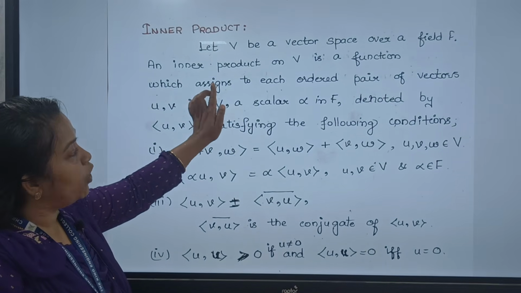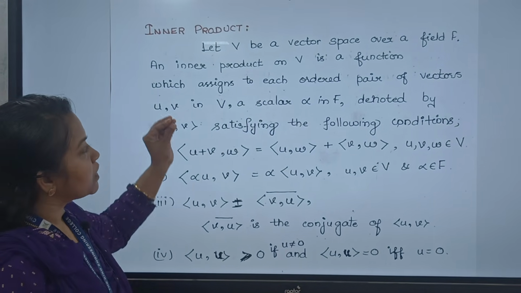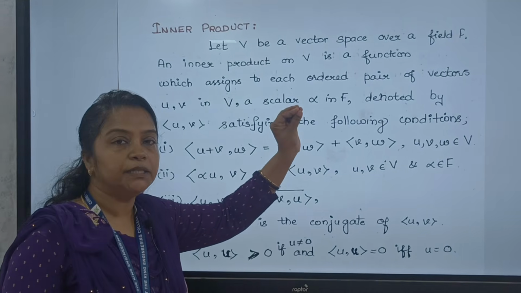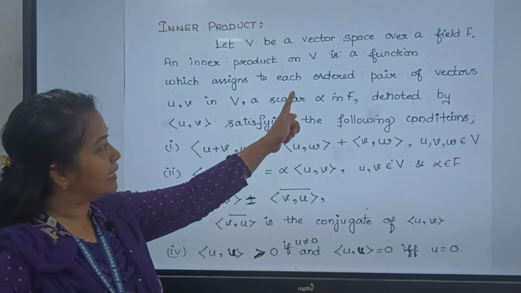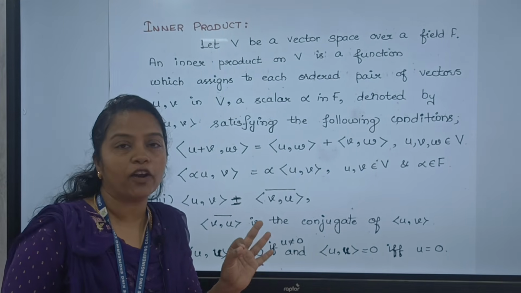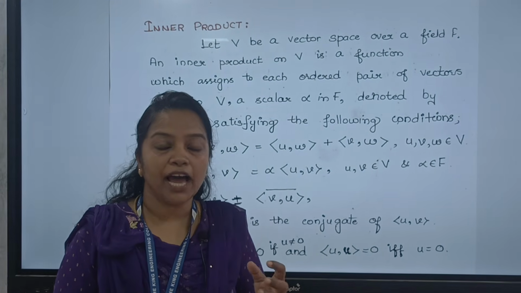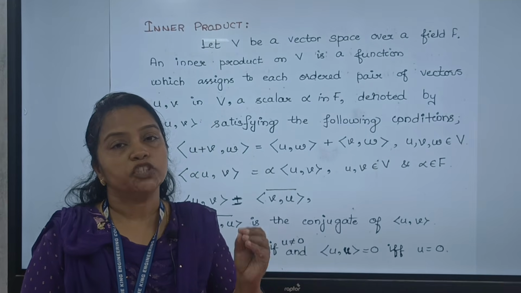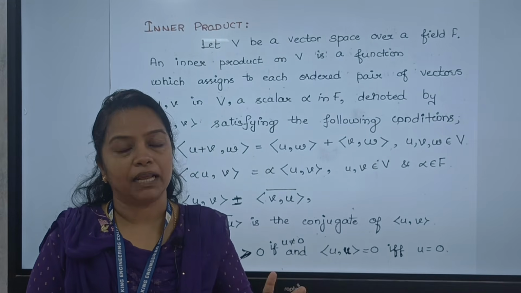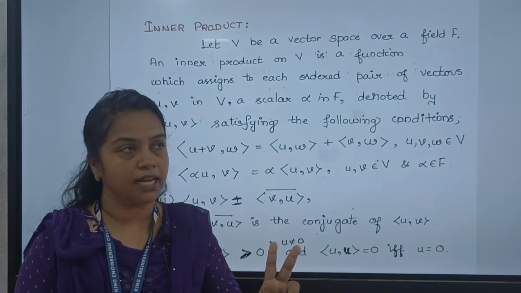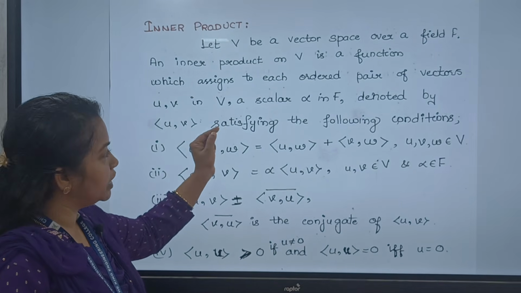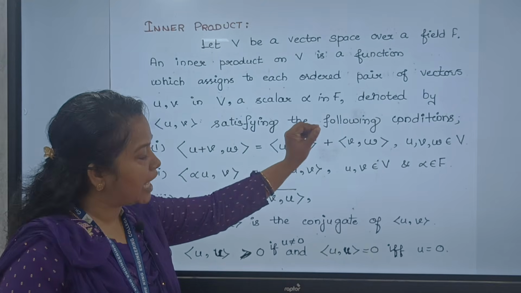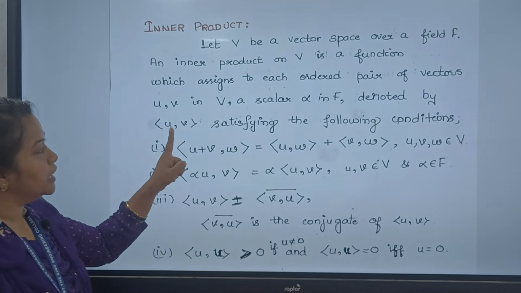An inner product on V is a function which assigns to each ordered pair of vectors u, v. If you have to find the inner product, surely there will be a pair, and a pair is nothing but two vectors. So u, v in V, and a scalar alpha in F.